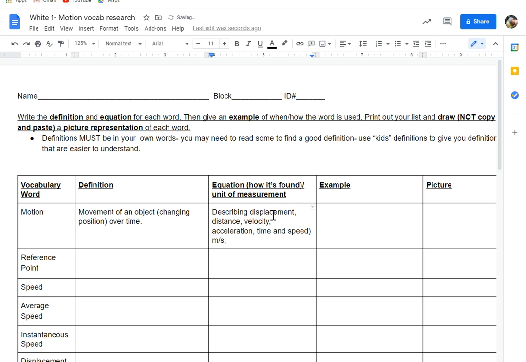And then we also have acceleration. What is the unit of measure for acceleration? Guys, you're supposed to find all this. Go down to acceleration. What is it? Velocity over time. And we just said that meters per second is our velocity, right?